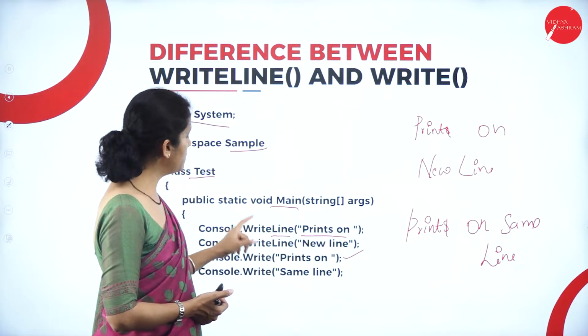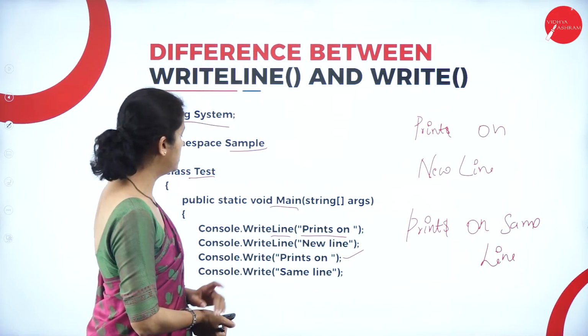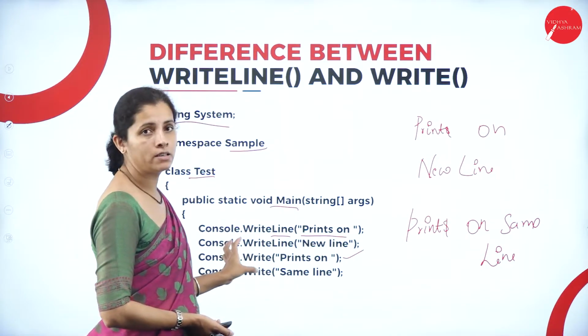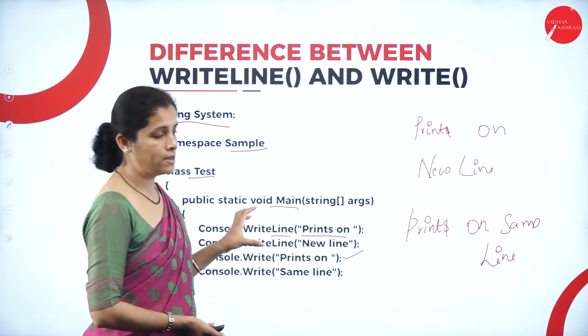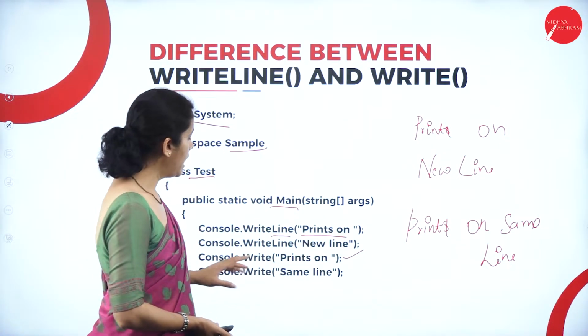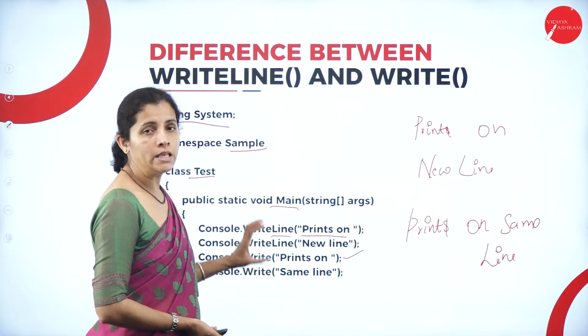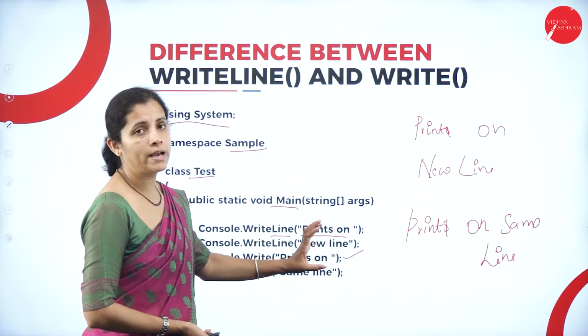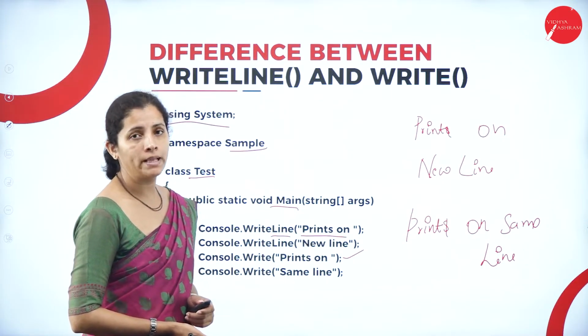In this WriteLine method, W is a capital letter and L is a capital letter. And if I consider Write, I'm going to write the content on the same line. See, I have prints on and I have same line. So I'm going to print the content on the same line. So this is the difference between the WriteLine and Write methods.